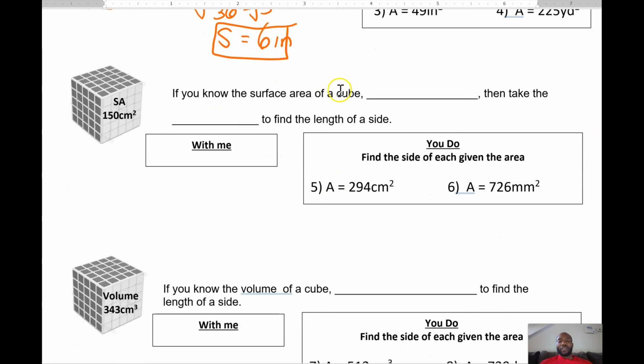It says, if you know the surface area of a cube, do something, then take the something to find the length of a side. Well, let's talk about the surface area formula. The surface area formula is 6 times s squared.